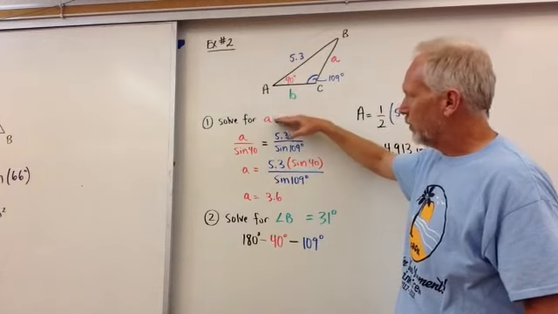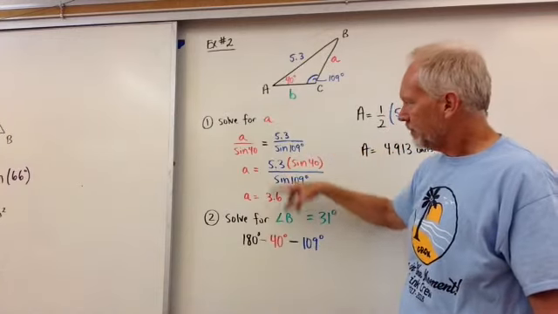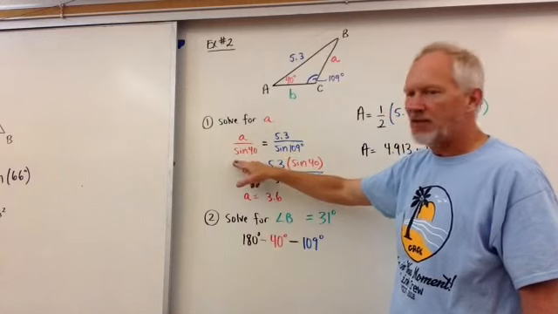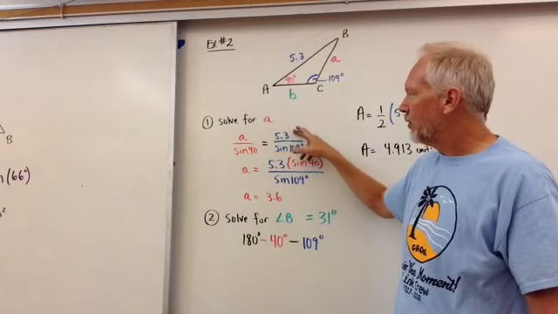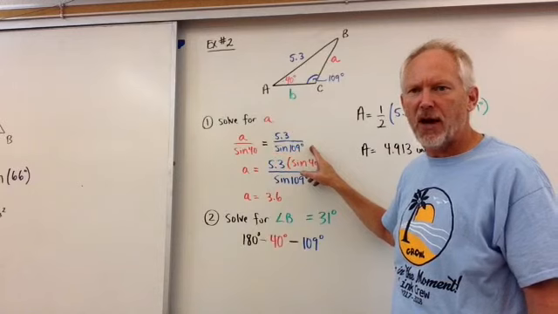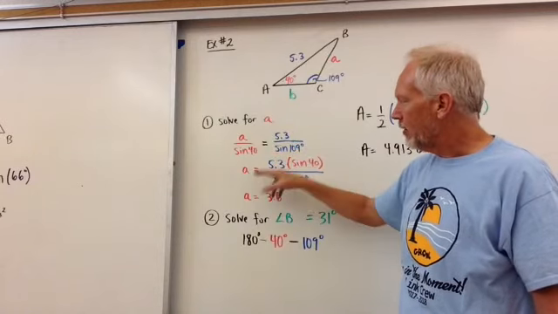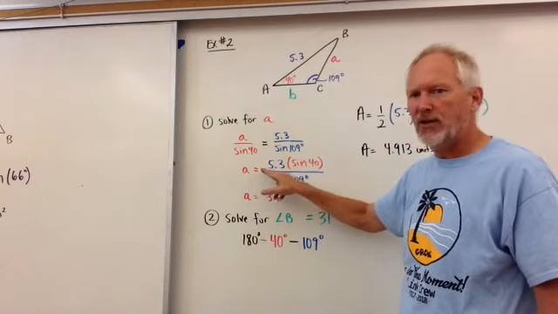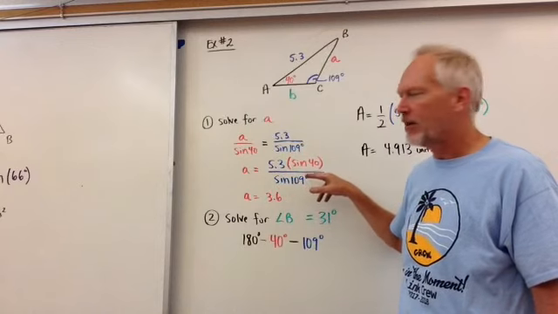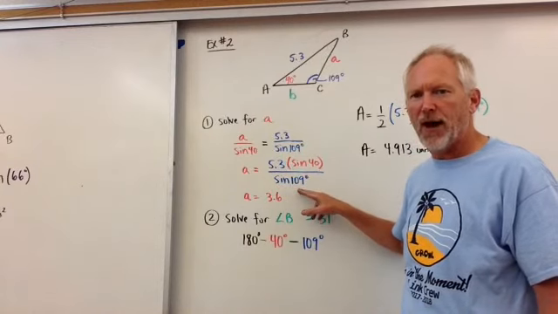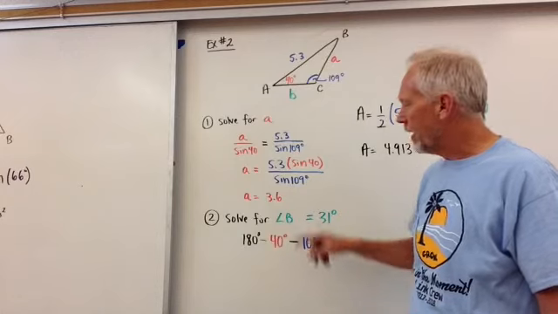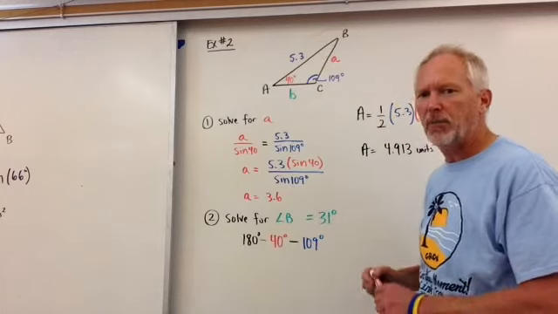So first we find A. A over the sine of 40 is equal to 5.3 over the sine of 109. Then, cross multiplying, we get A is equal to 5.3 times the sine of 40 divided by sine of 109. And so A is 3.6.